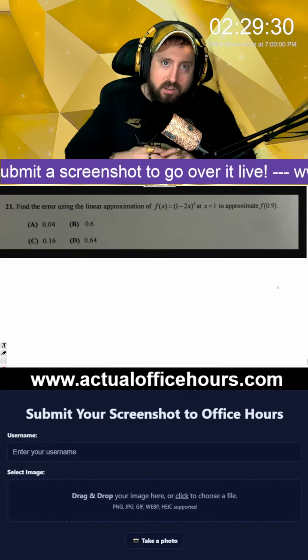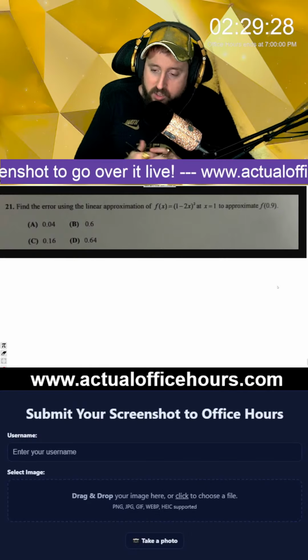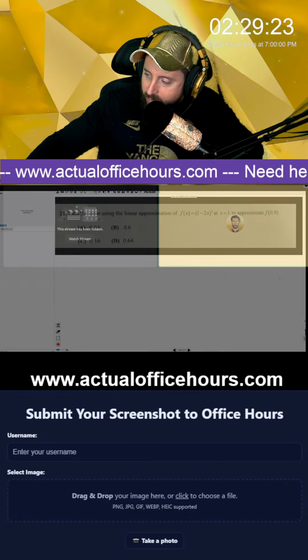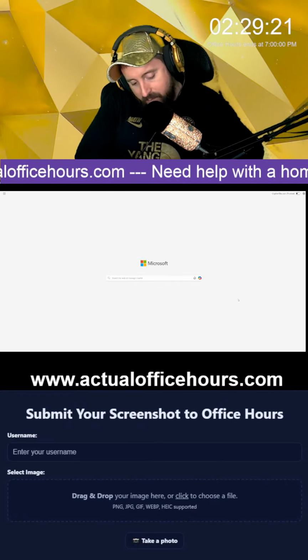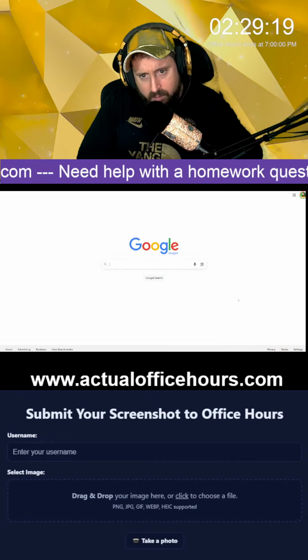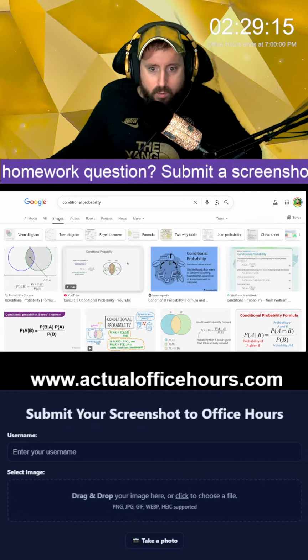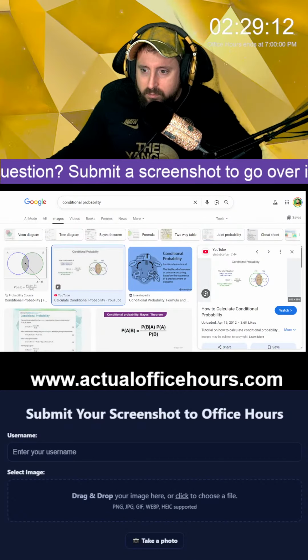But anyway, to answer Lonely's question, what's conditional probability? Let me pull up a little graph. This is like Bayes' theorem, Bayes' law, right?